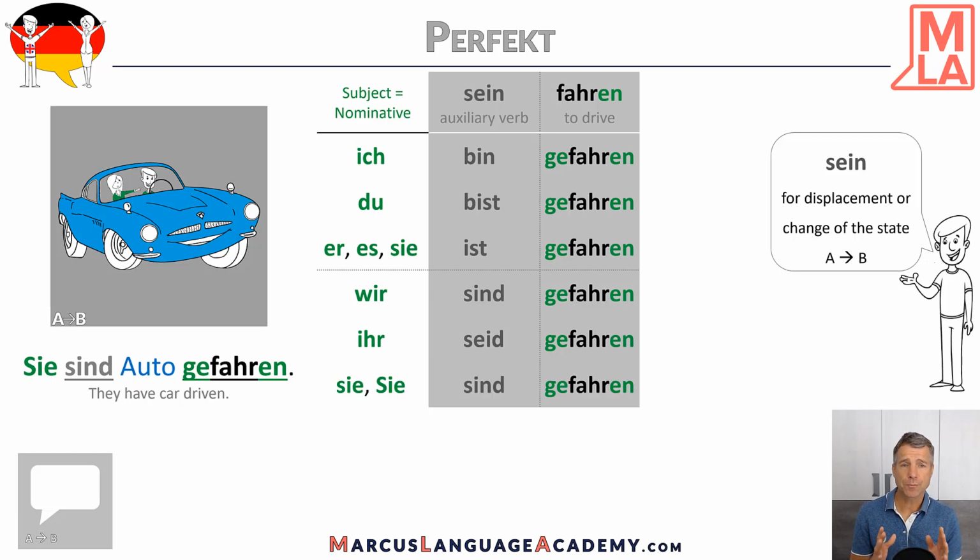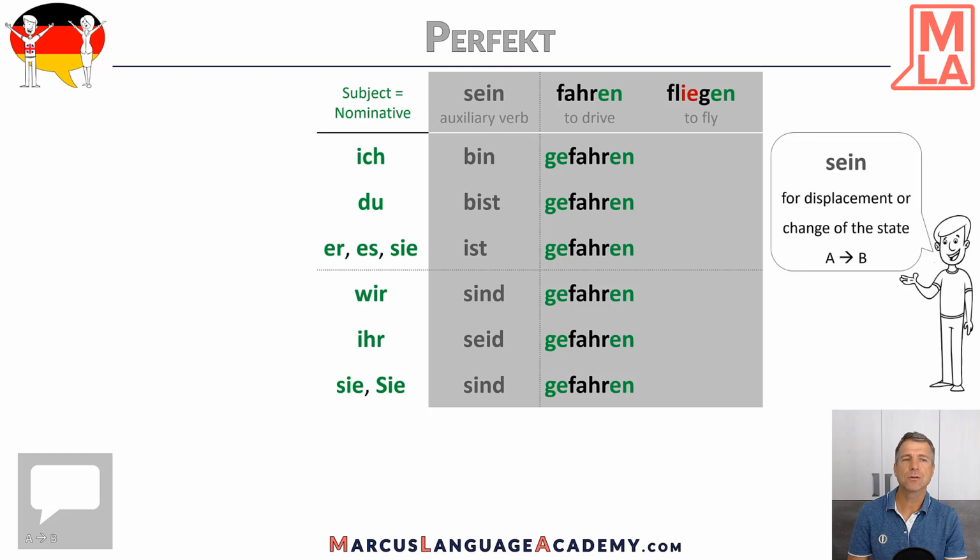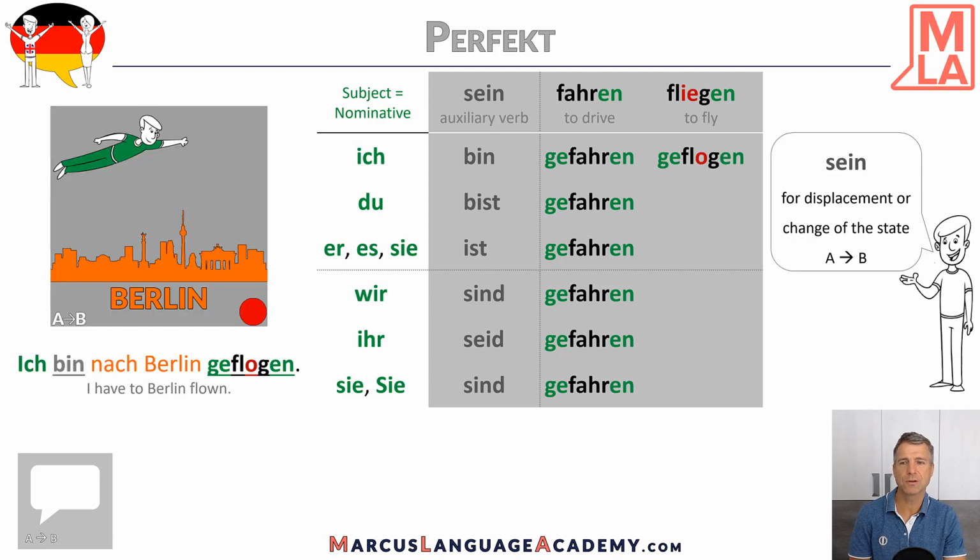And most verbs here take the en ending in the participle. Very few take a t. So almost all verbs take en in the participle, like in gefahren. Okay, but please remember, for displacement and change of state, we take the auxiliary verb sein. There are also irregular verbs, for example, fliegen, to fly, and we would say here, because there's a change in the route, ich bin nach Berlin geflogen.